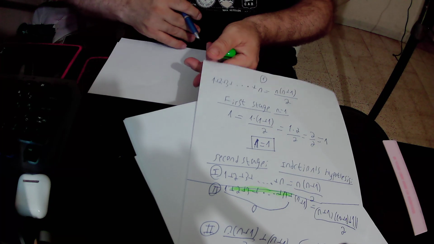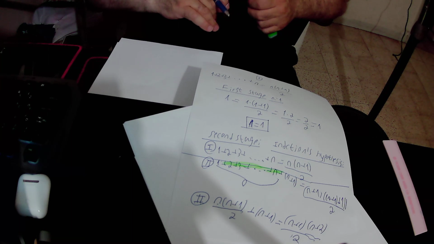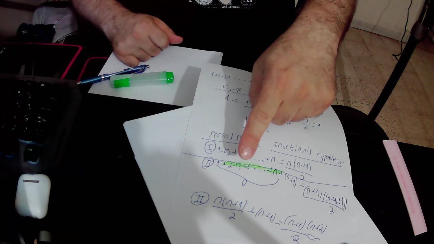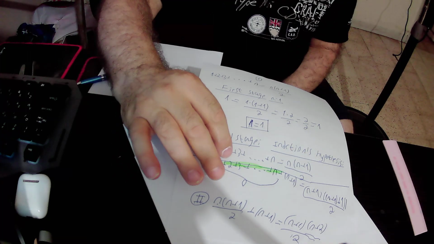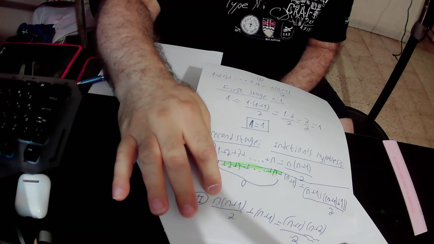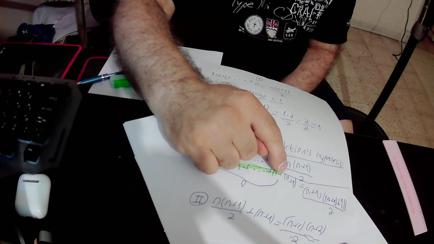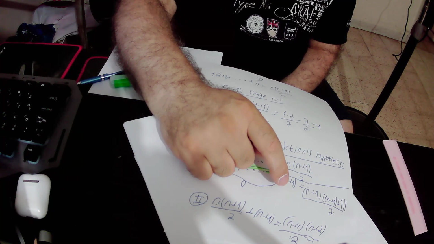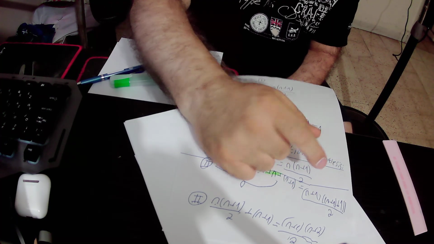So you can see it, the second expression that we have to prove that this is true. We have n times n plus 1 divided by 2, because we substituted 1 plus 2 plus 3 plus n by this expression, because they equal to each other, then we have plus n plus 1, we copied it as it is, and all equals to n plus 1 times n plus 1 plus 1.